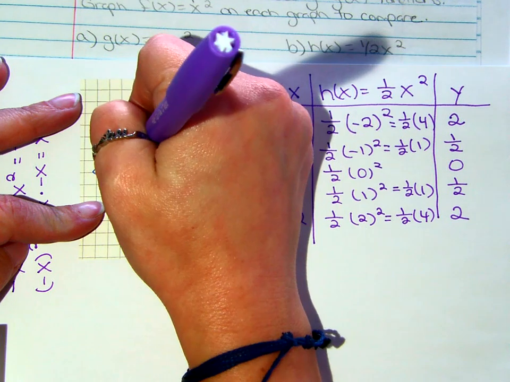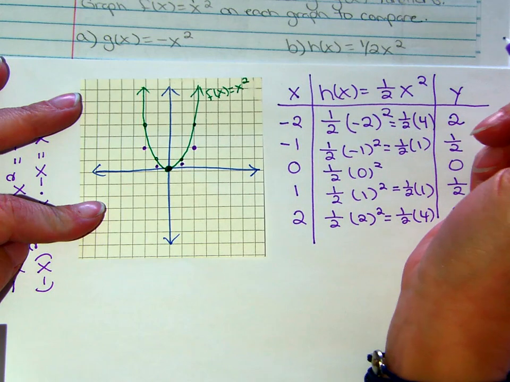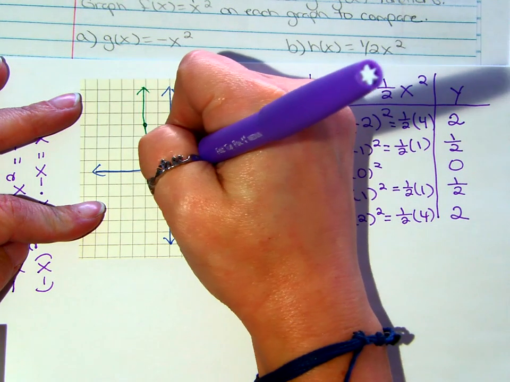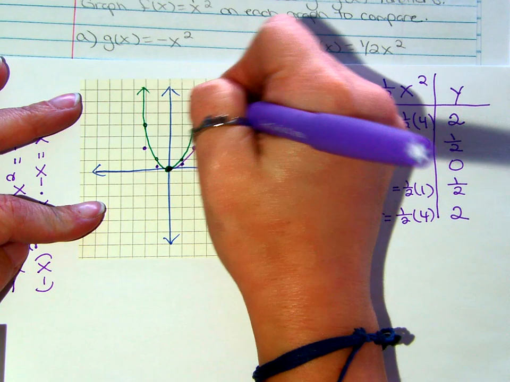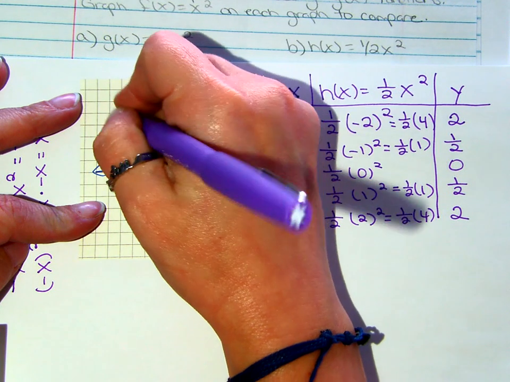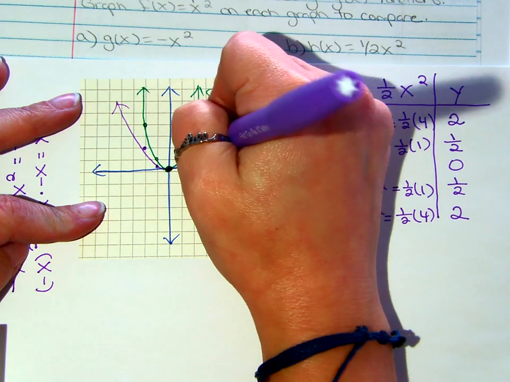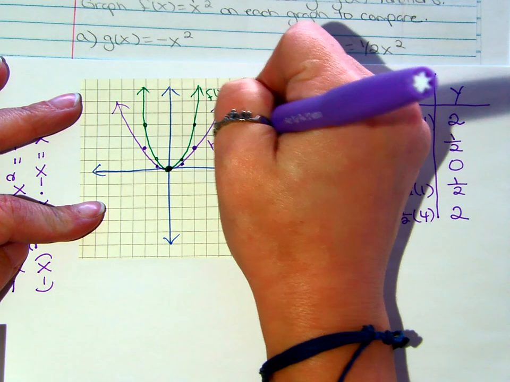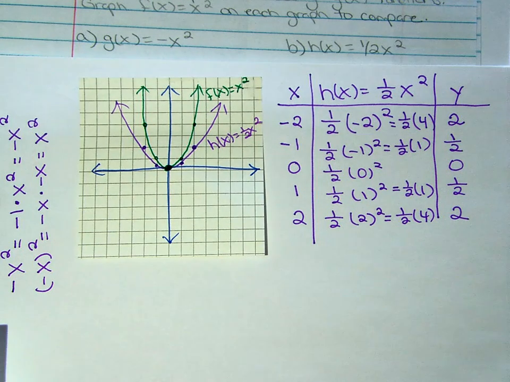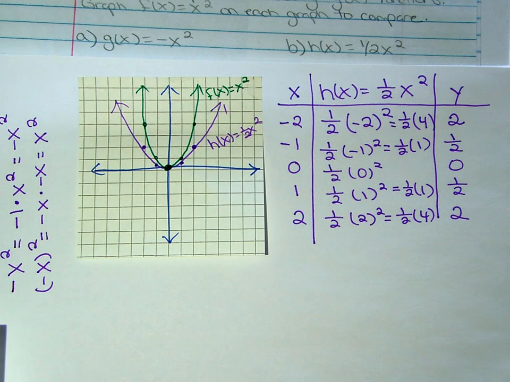Again, I'm only going half as high. So what happens is we kind of squished our graph. We actually squished it by a 1/2 because that's the number that was in front. Our leading coefficient for this quadratic was a 1/2, which means all of my y values got cut in half.